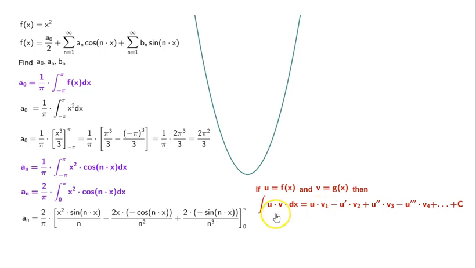Integral of cos nx, which is sin nx, divided by n, minus, now the derivative of x square, so 2x, times the integral of sin nx, which is minus cos nx by n square. Now the second derivative of u, or the derivative of 2x, which is 2, times the next integral, that is the integral of minus cos nx, which is minus sin nx by n cube.